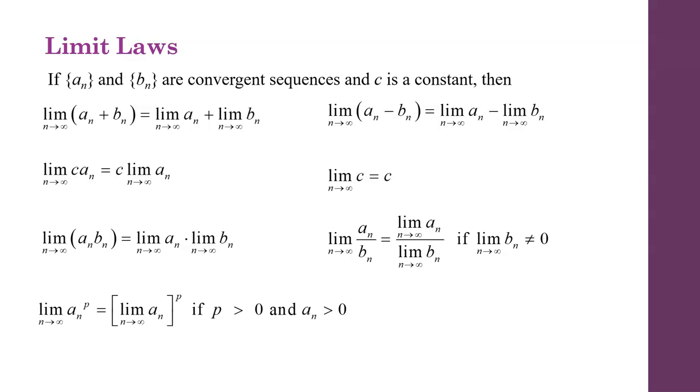And if I have a sequence whose terms are taken to a power, and I want to find the limit of that as n goes to infinity, I can find the limit of the terms of the sequence and take the answer to the same power, as long as both the power and the terms are positive.